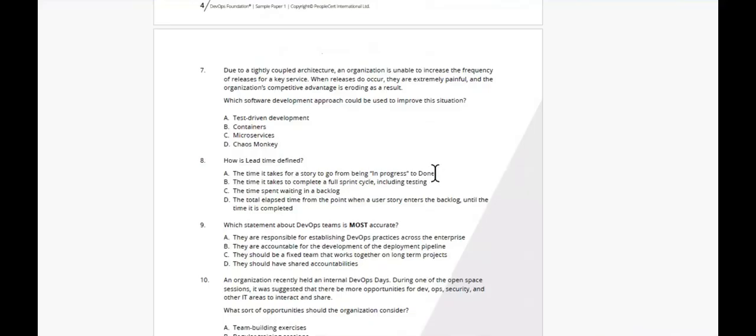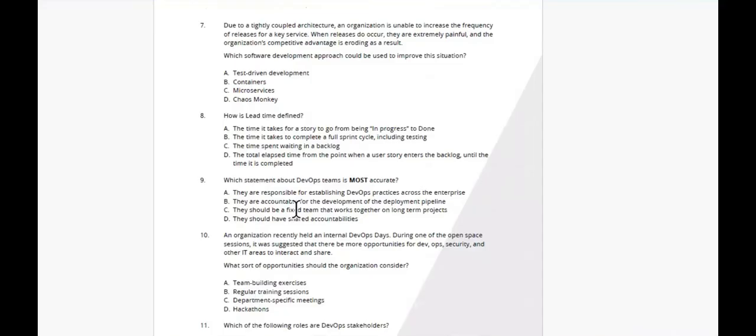All right, so this is really looking at just a stage within engineering and the agile sprint. So let me retract that. That's not as good as D, where it's talking about the total elapsed time from the user story until the time it is completed. So I think it's D, 8D. Yes.